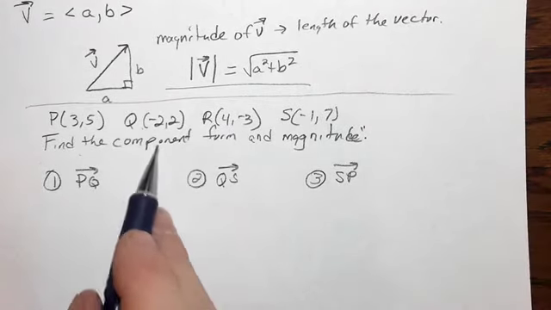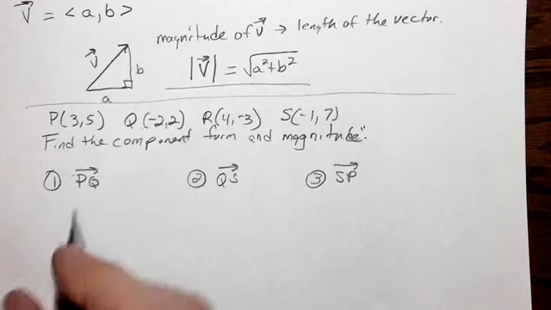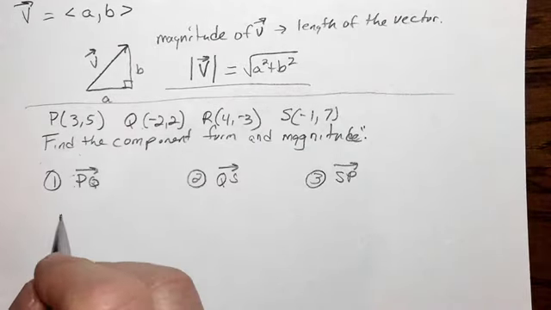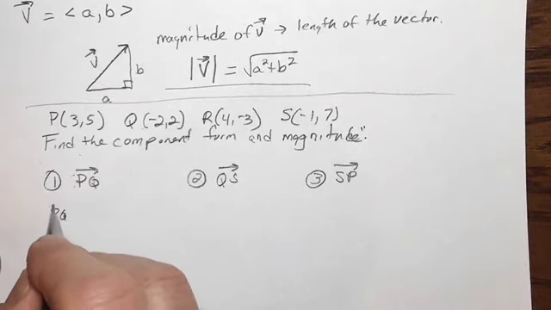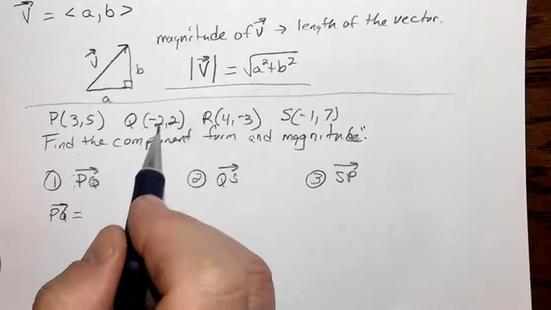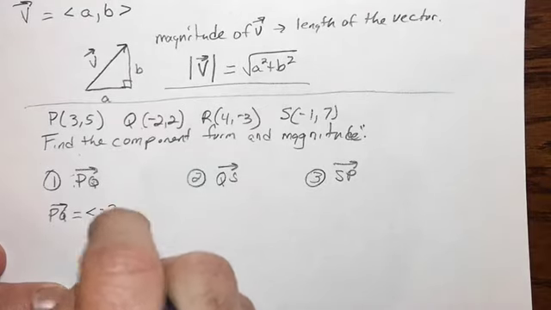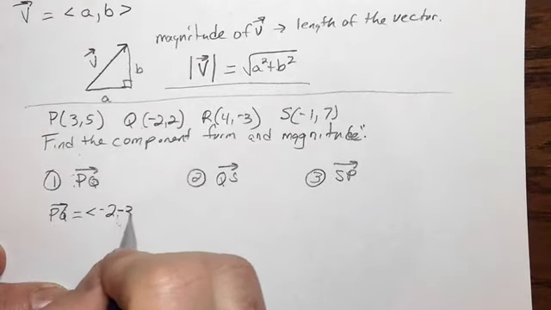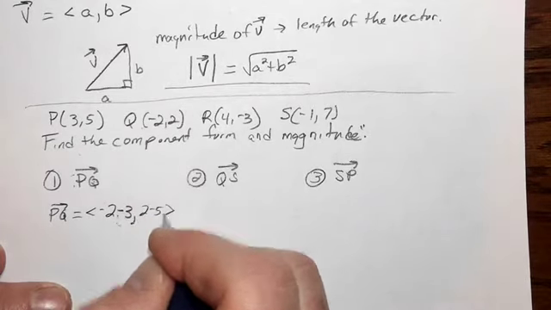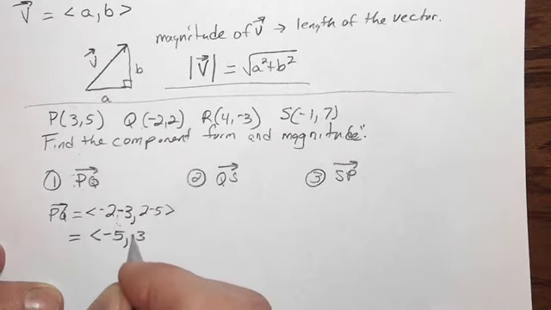All that's really important in finding a component is to realize it's the head minus the tail. So I'm going to do Q minus P, as far as the x and as far as the y. So PQ is going to equal Q minus P: negative 2 minus 3, and 2 minus 5, which if we work that out, we get -5, -3.